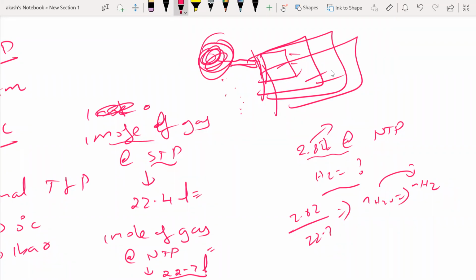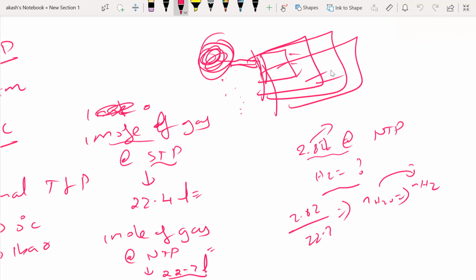Is it 10? Yeah, the answer is 10, yes. Can you tell me the solutions? What did you do? I'll check. Sir, first I found the volume of one balloon. So the volume of n balloons will be n into that.